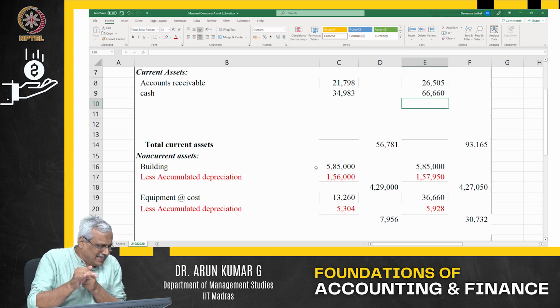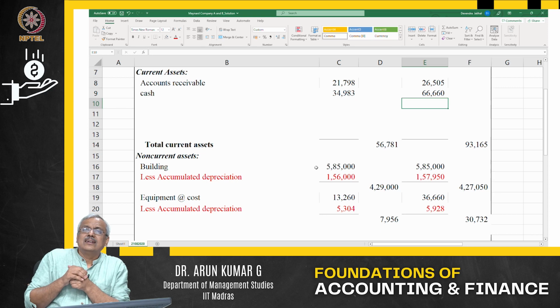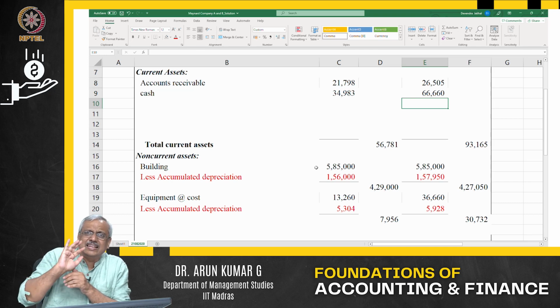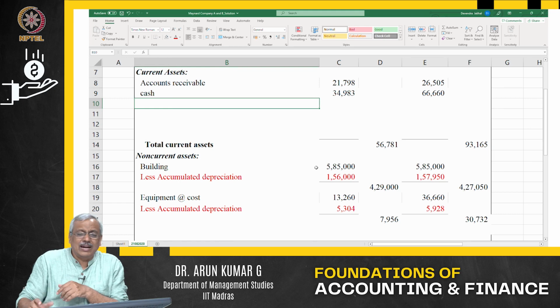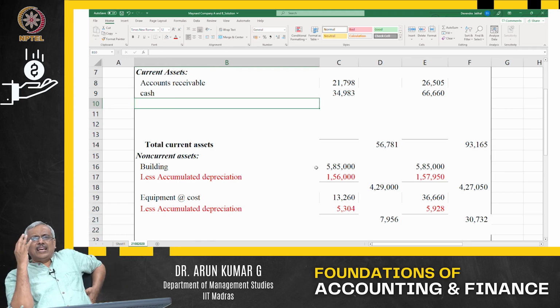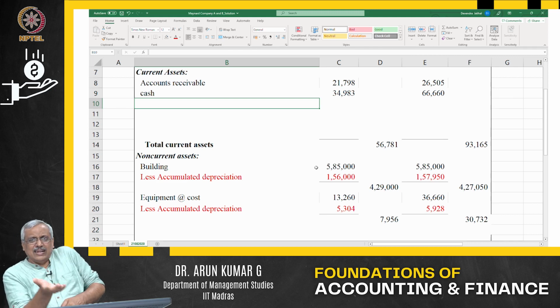Next, merchandise inventory. Inventory is a current asset. Inventory is raw material, merchandise inventory, raw material which you own. Why is it a current asset? Your raw material will not remain the same for a long time. It will keep changing every minute. Every minute you are utilizing, it is reducing.